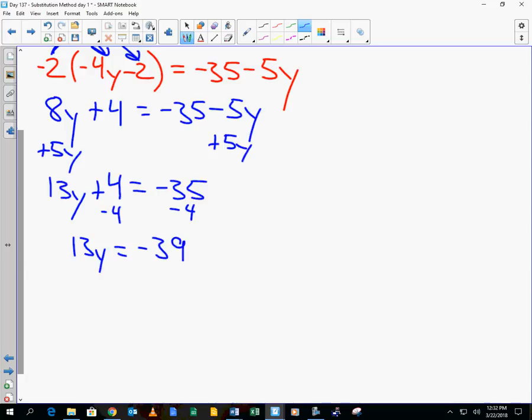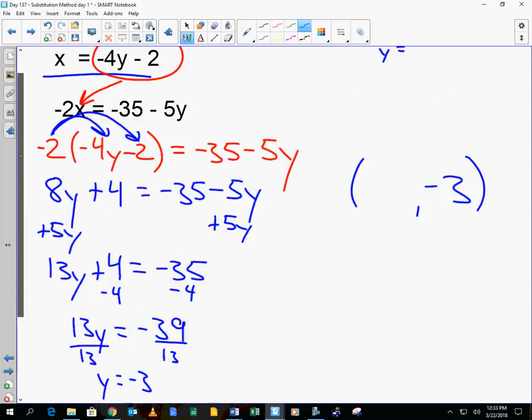Excellent. I've got 13y is negative 39. How do I solve? I get y is equal to negative 3. So I need a coordinate. Which one do I have? I have the y value of negative 3. I need to come up with which one now?